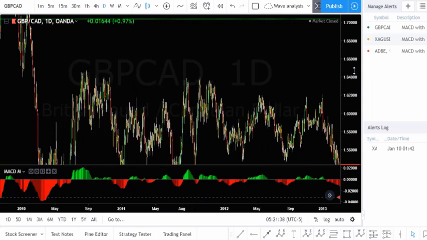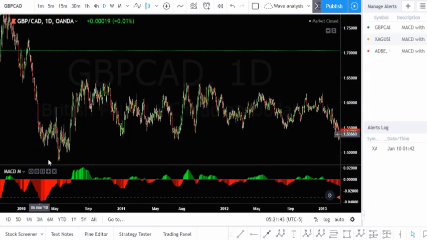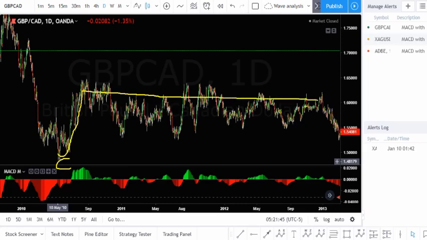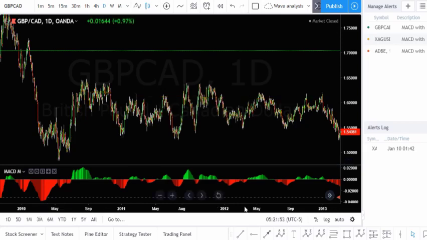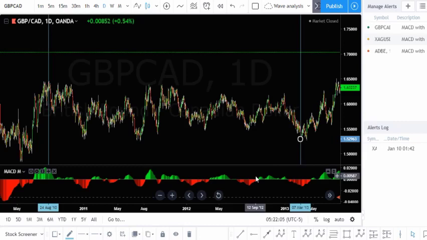And look at that. So for a very long time, I mean, here was the end of your ABC, and then here we got the reversal. And look at this, another thing I want to point out. If you want to know how long a correction can last, just always look at the Great Britain pound CAD.